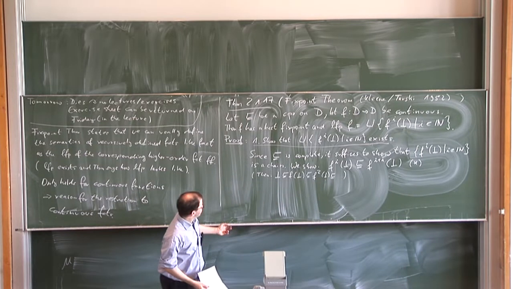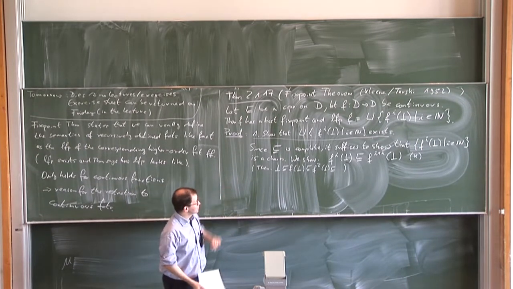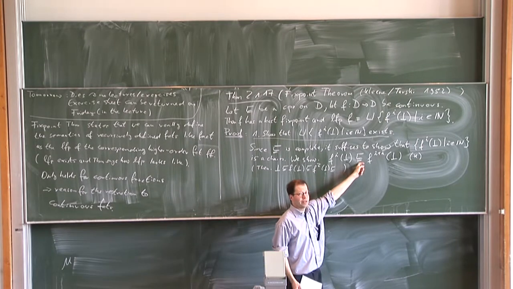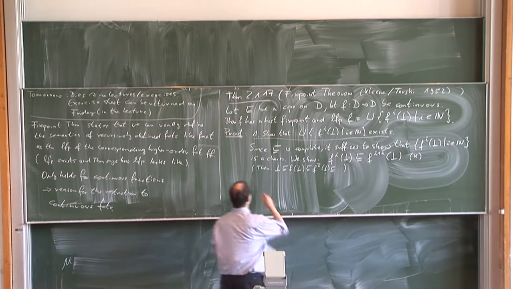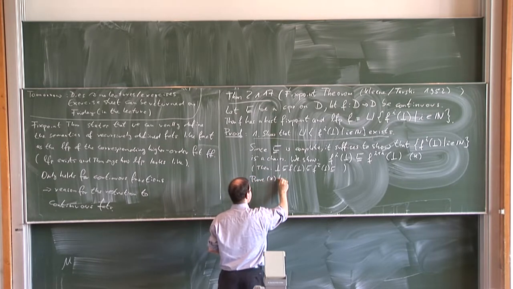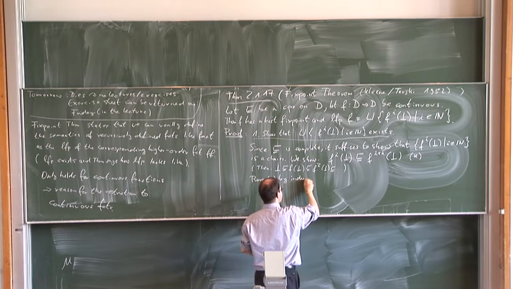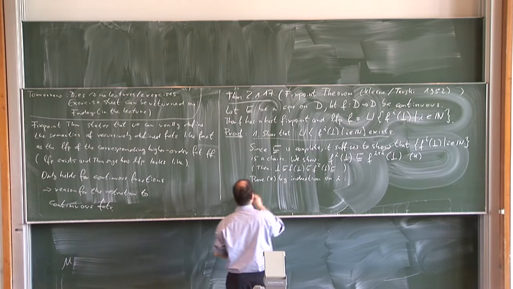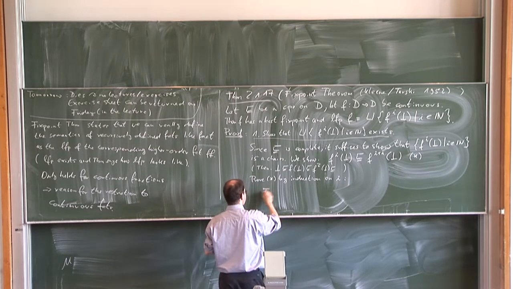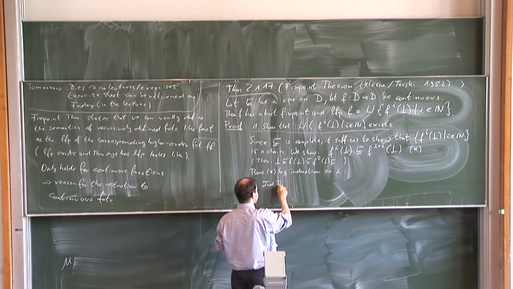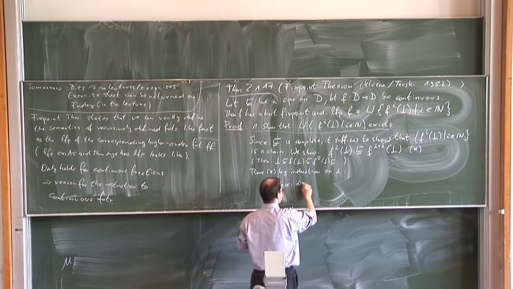Okay, so it's sufficient to show this statement star. Now how can we show this? We simply use induction on i. So we prove star by induction on i. So the induction base case is the case where i is 0.